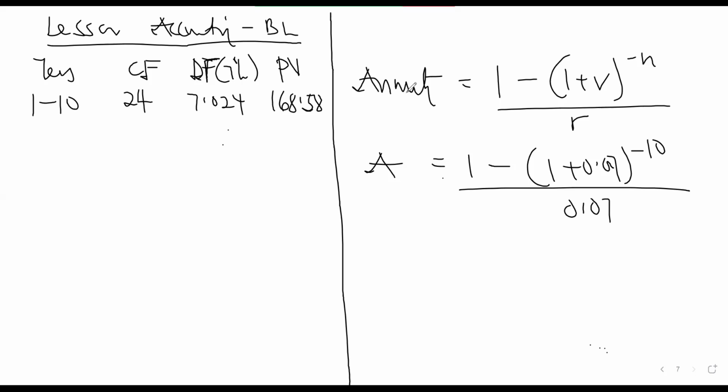Okay. So this is the remaining amount that we are going to be receiving from the person. But the person has already paid 24. If we are to receive 168.58 from them and they have paid 24, then what is the value of the asset given to them?